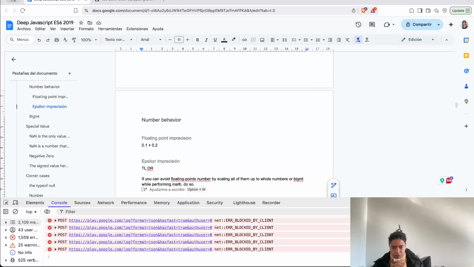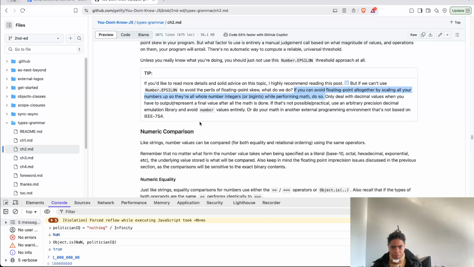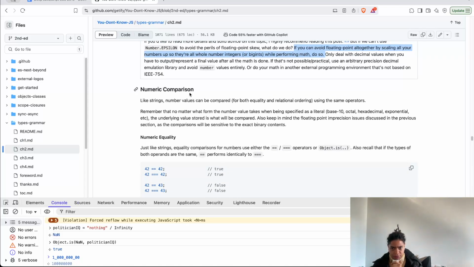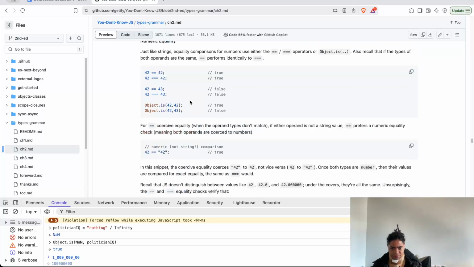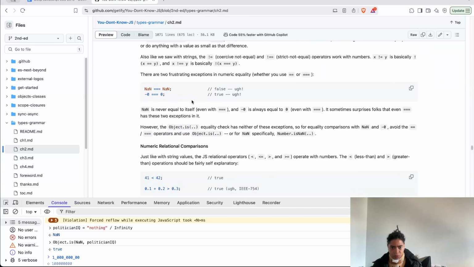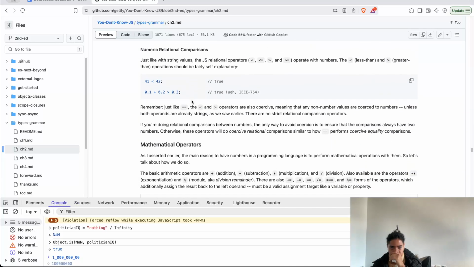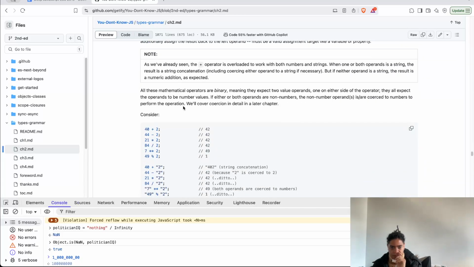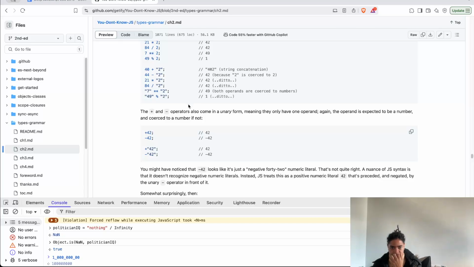How do we handle the precision of floating point numbers here, numeric comparison, in mathematical operations?